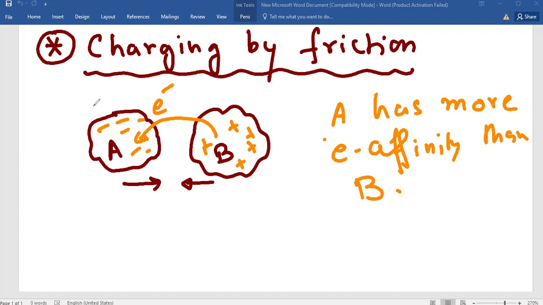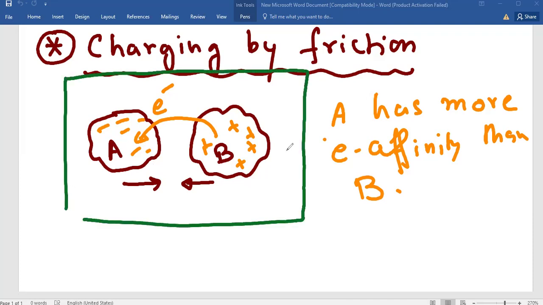See, net charge remains the same, because imagine that this is inside a closed box and we are not allowing any electron to pass through this boundary. Now let's say the number of electrons initially was 50 here and 100 here. What is the total number of electrons initially?